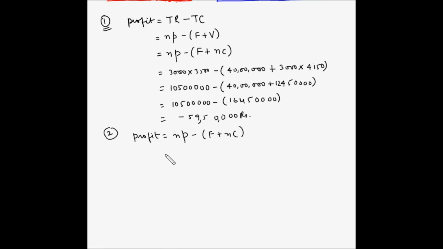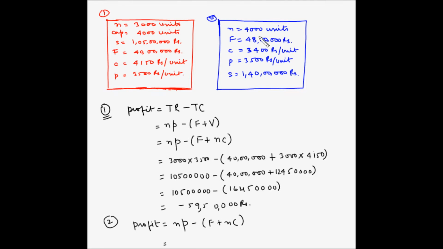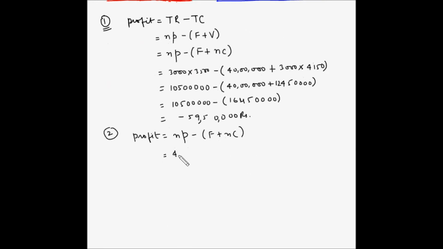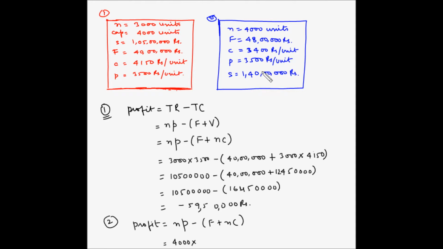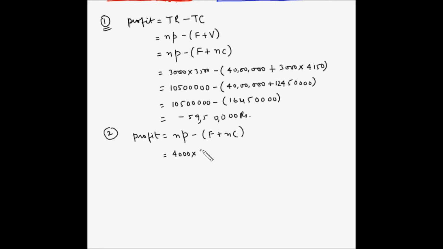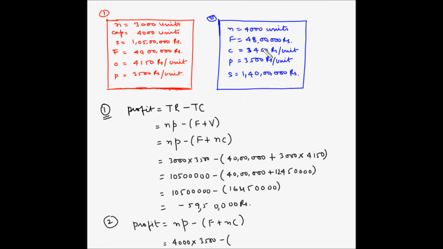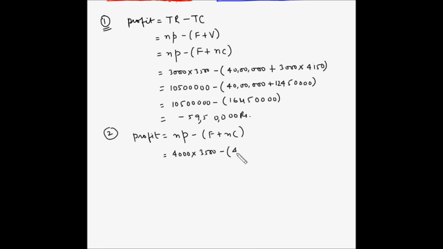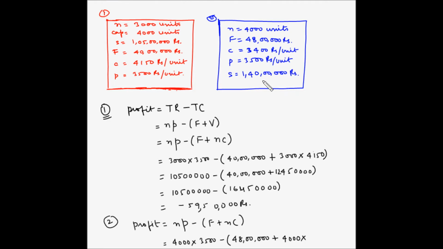So in this case, N is 4,000 units, P is 3,500 rupees, fixed cost is 48 lakhs, N is 4,000, and C is 3,400.